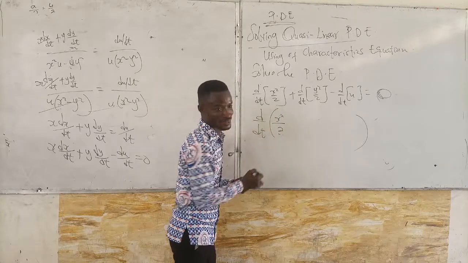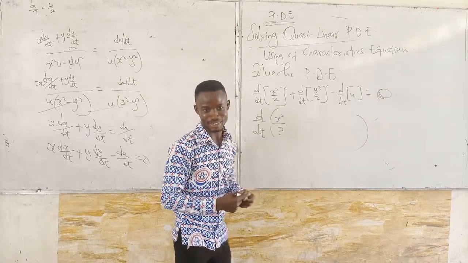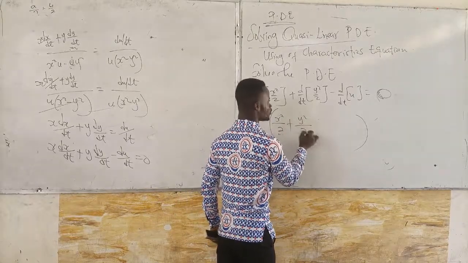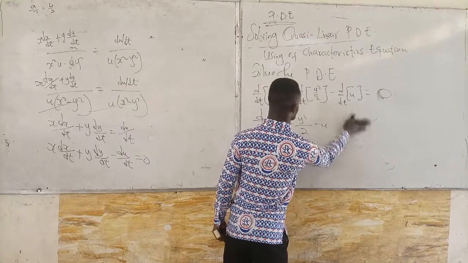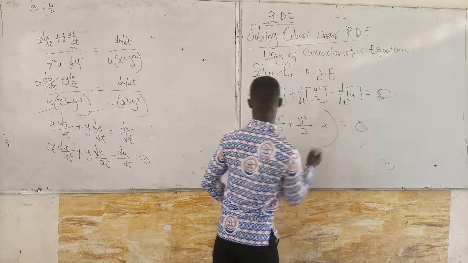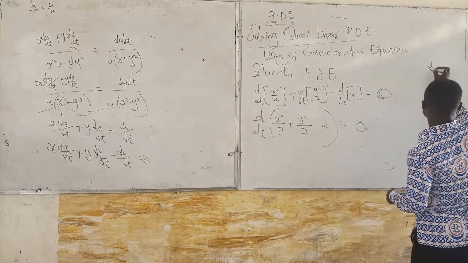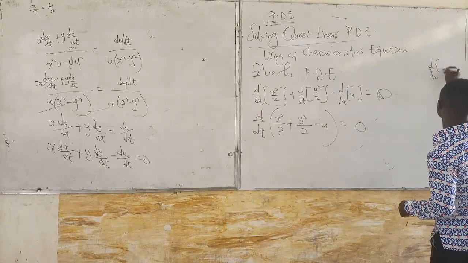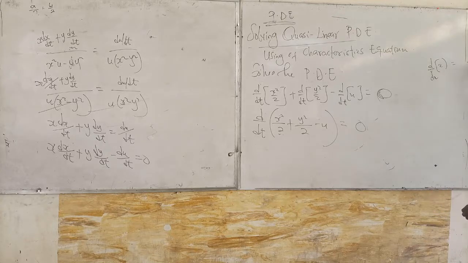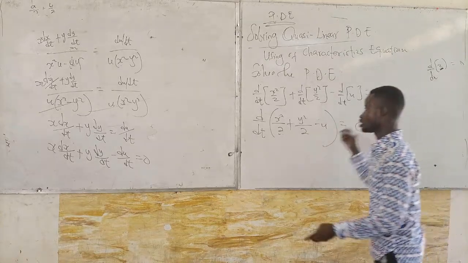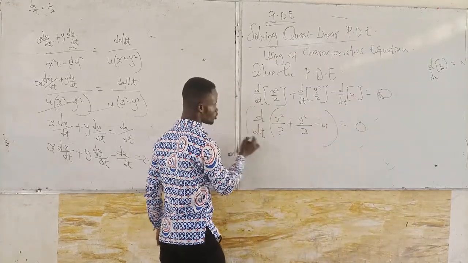You have the concept. Even if I leave it for you, you can do it. So now, this is like taking the derivative as respect to x. So this is a function. So let's integrate both sides.